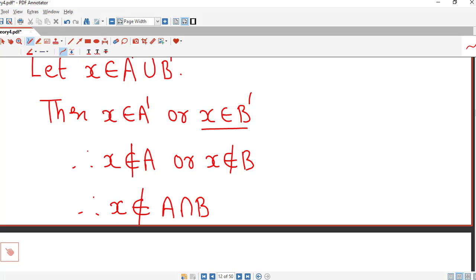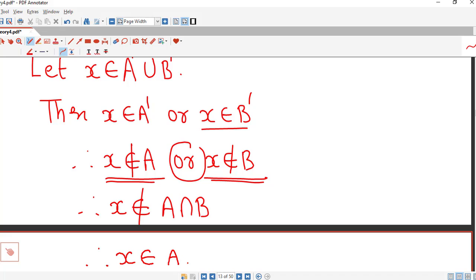For X to be in the intersection, X must be present in both the sets, but here X is either not present in A or it is not present in B. That means X is not present in both the sets, therefore X is not in the intersection, and that means X must be in the complement of the intersection.